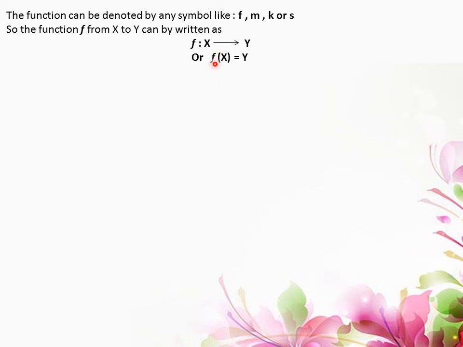The image of X is Y, the second projection of X is Y. We can express it by an ordered pair: first projection X and second projection Y.